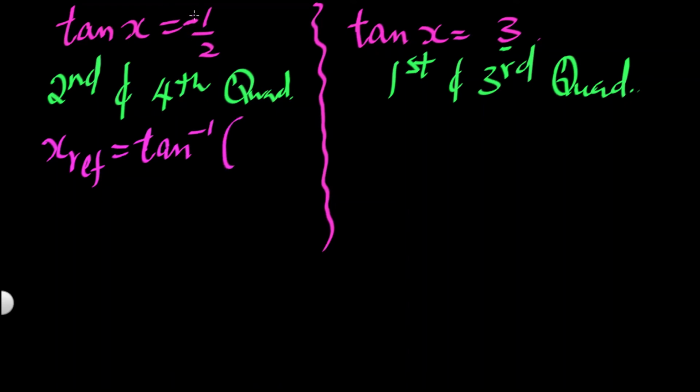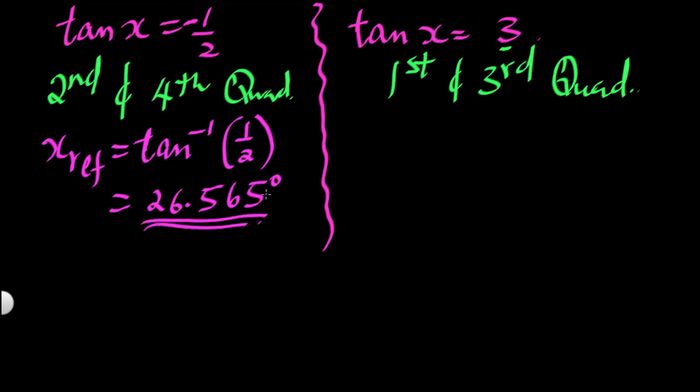I don't use the minus half, I use a positive one, positive half. Then I will get my reference angle here. Just a matter of punching into your calculator, arctan a half. I get 26.565 degrees. This is my x ref.